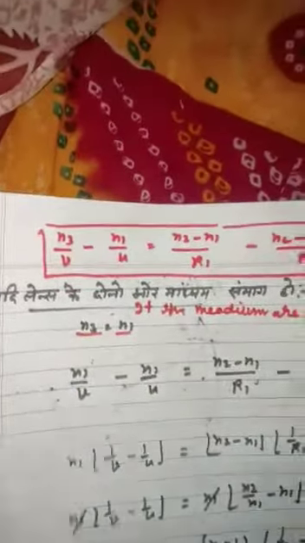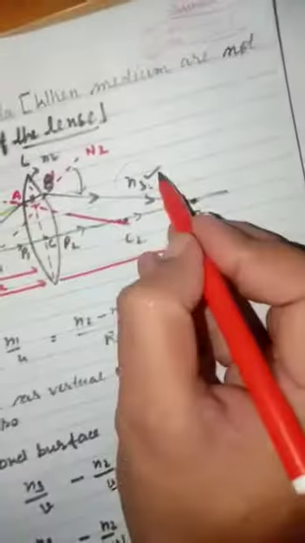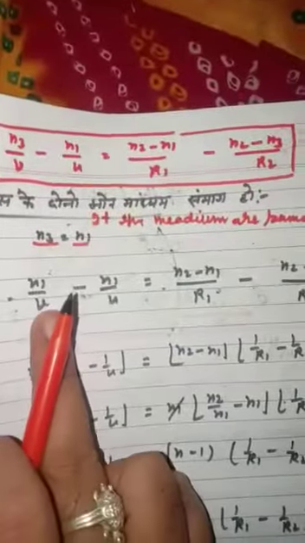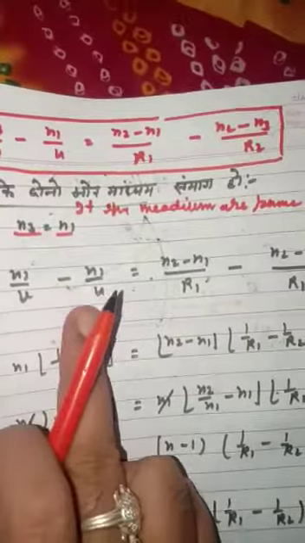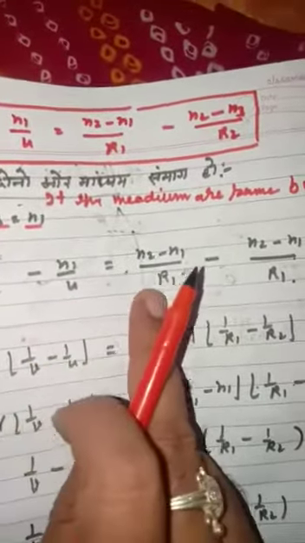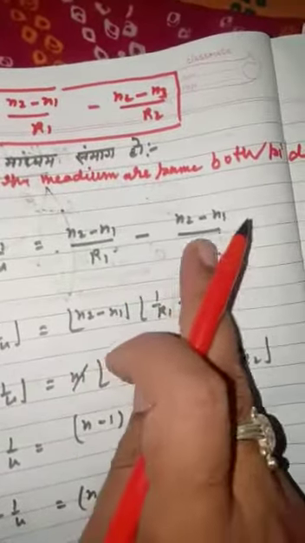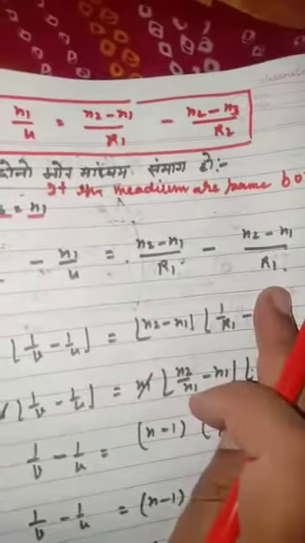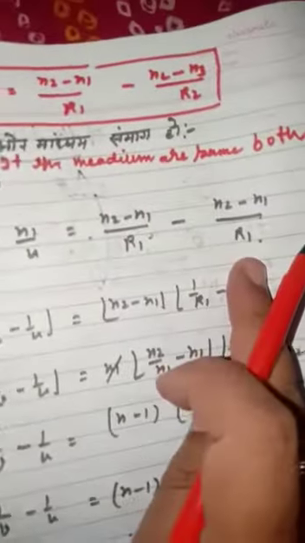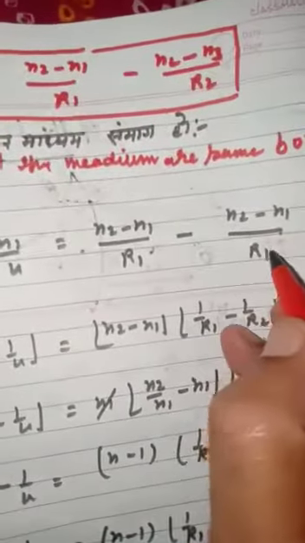If we put this in the equation, then we will get N3 upon V minus N1 upon u is equal to N2 minus N1 upon R1 minus N2 minus N1 upon R2.